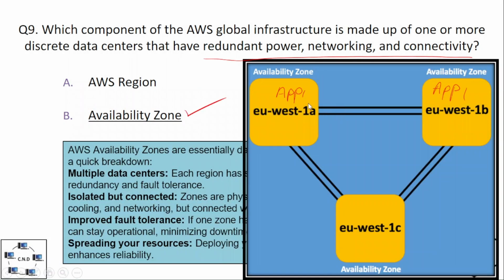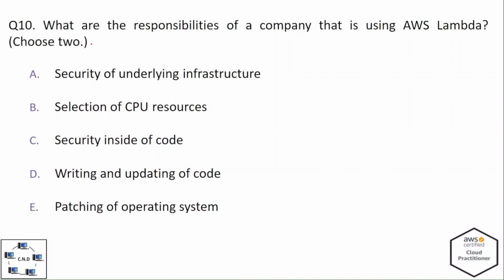So if one availability zone fails, your application is still available from the secondary availability zone, and thus it gives high availability and reliability. Let's move to the next question, that is question number 10.